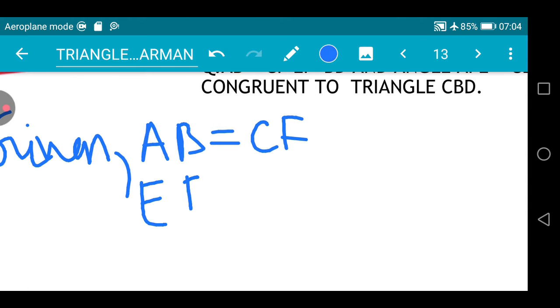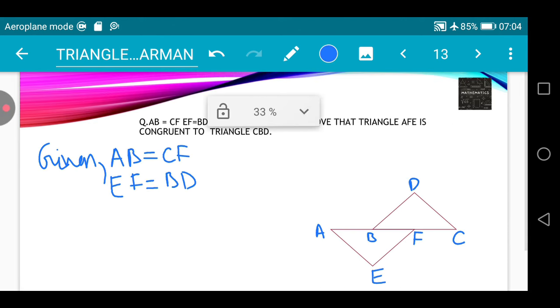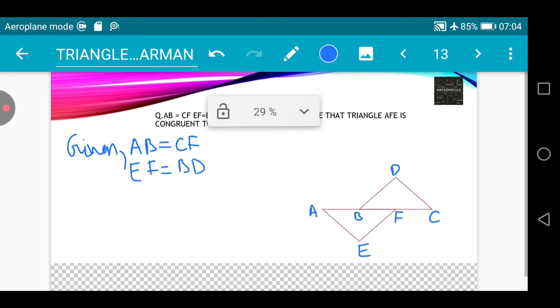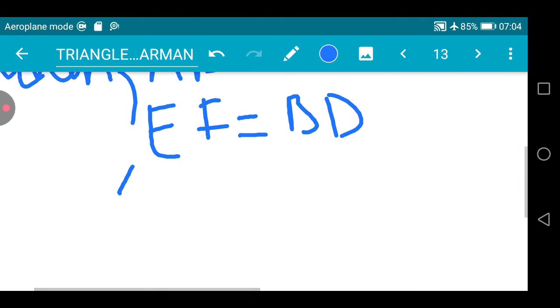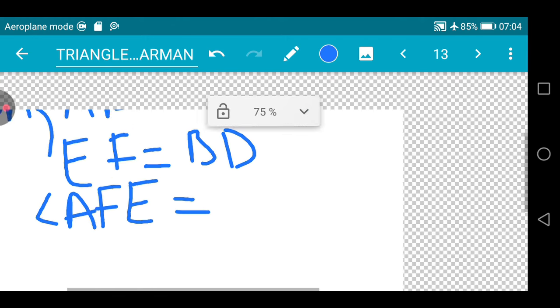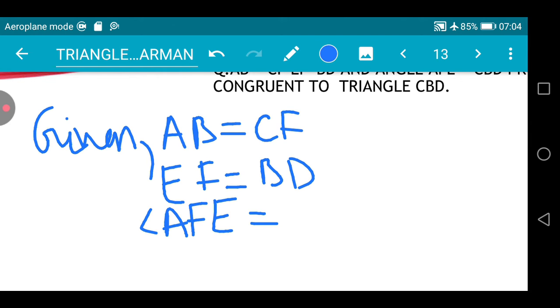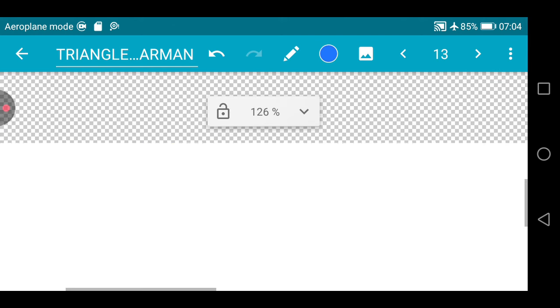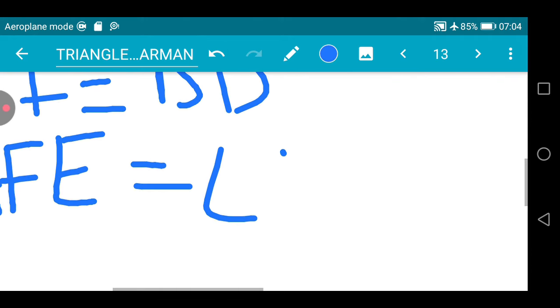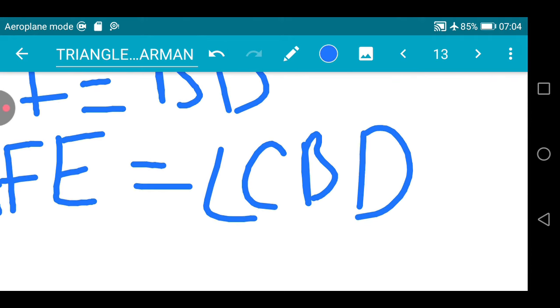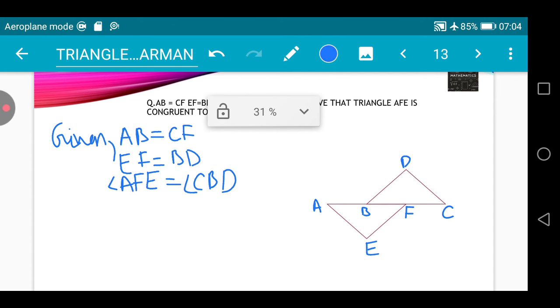EF equal to BD is also given. And what else is given? Angle AFE is equal to angle CBD. These are the three things we are given.